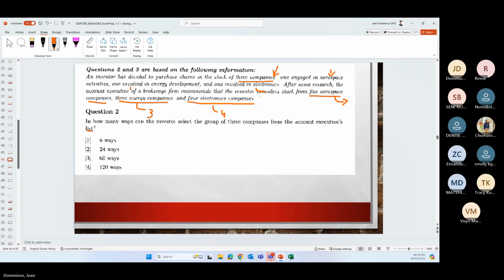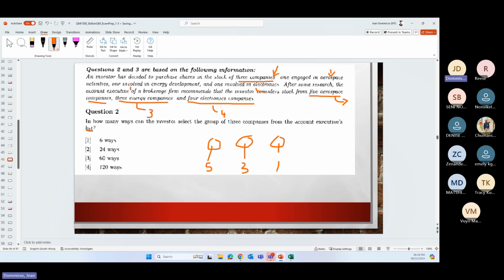So how I would have done this is to say you've got 3 spots, with 3 companies. One must be involved in aerospace, and out of that, you've got 5 possibilities. One must be involved in energy.